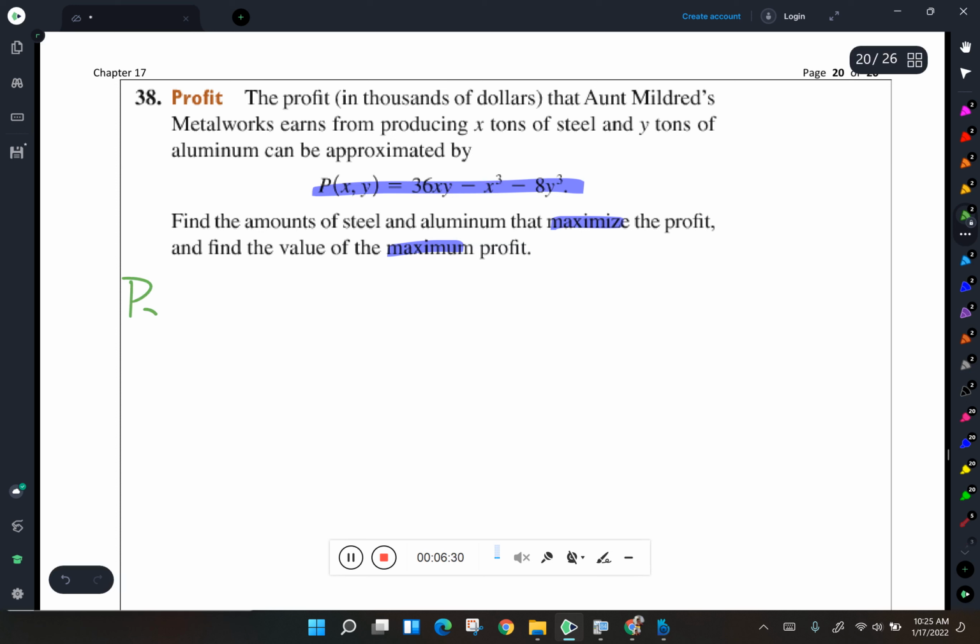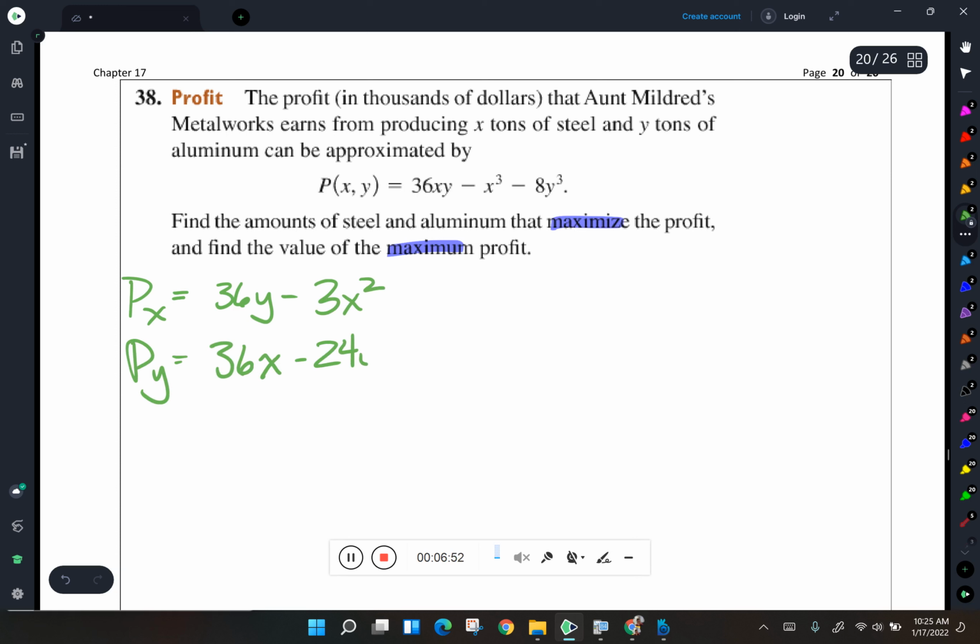So what are those first partial derivatives? I need to make that blue highlighter less dark. All right. P sub x is going to be 36y minus 3x squared. P sub y is going to be 36x minus 24y squared.